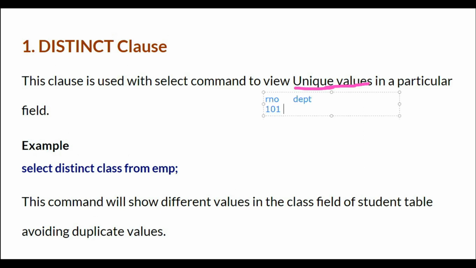The roll number 101 belongs to CSE department, 102 belongs to IT department, and 103 belongs to HR, and 104 belongs again to IT department, and 105 belongs to commerce department, and 106 again belongs to HR department. So I have a table over here.